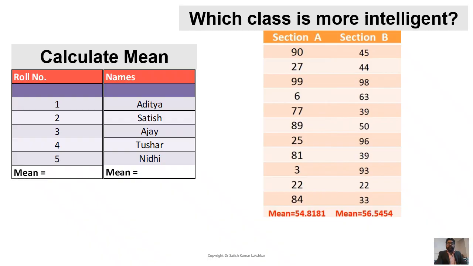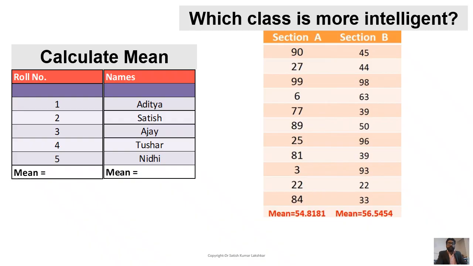While finding this out, we'll calculate the mean, by adding all the observations and dividing by the number of observations. Now we can compare: the mean score of section B is higher than the mean score of section A. So we can conclude that section B students are more intelligent than the students of section A.